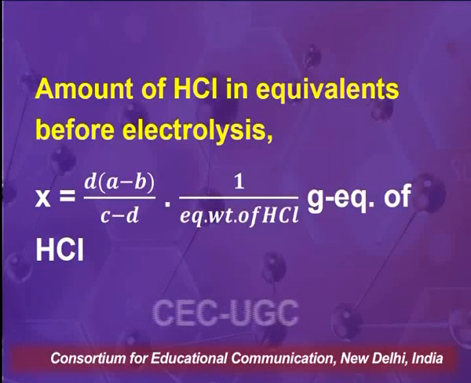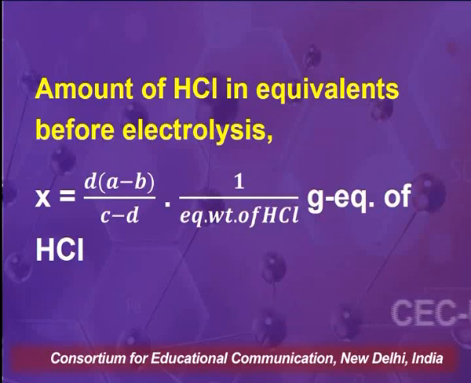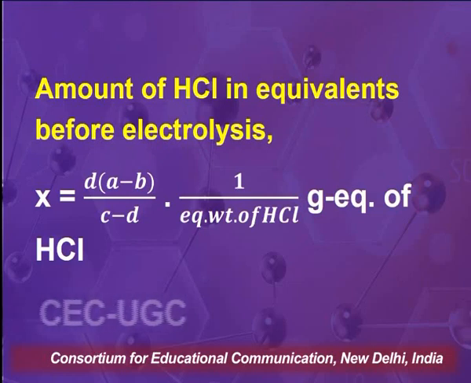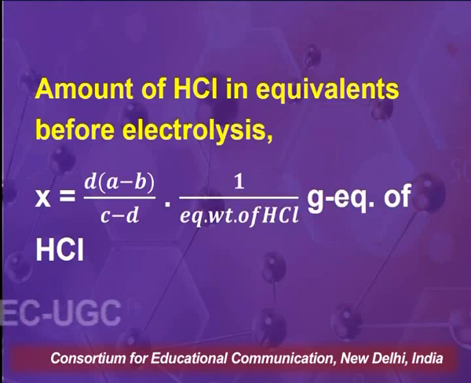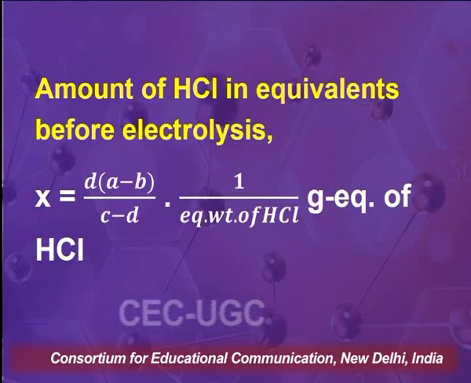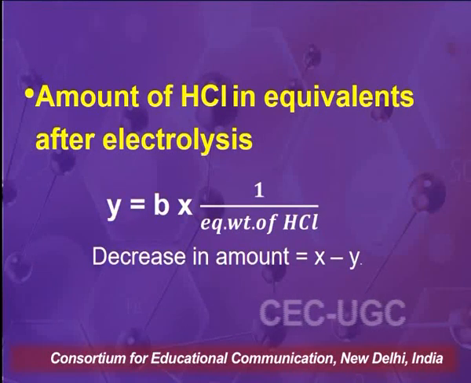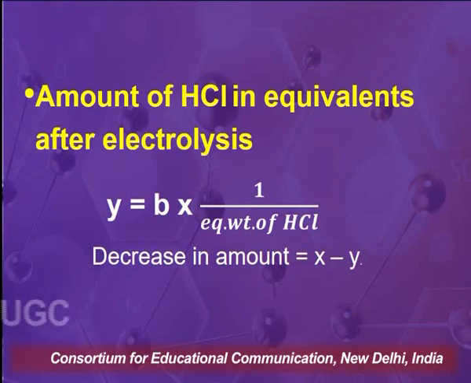So, the amount of HCl in equivalents before electrolysis, X, is equal to D into A minus B by C minus D, into 1 by equivalent weight of HCl, gram equivalents of HCl. The amount of HCl in equivalents after electrolysis, Y, is equal to B divided by equivalent weight of HCl, and the decrease in the amount will be equal to X minus Y.